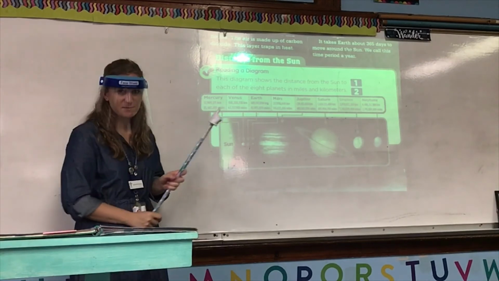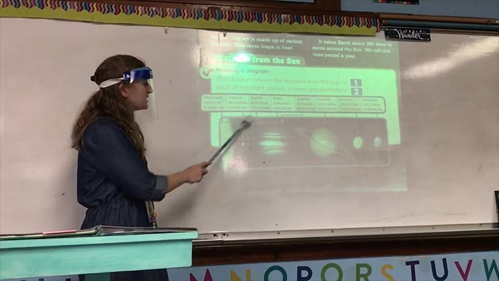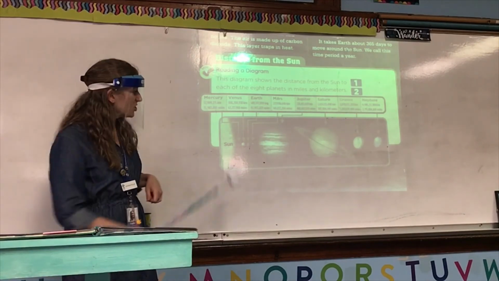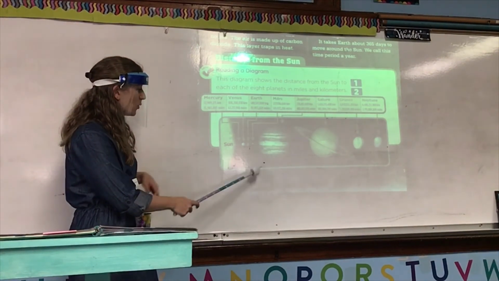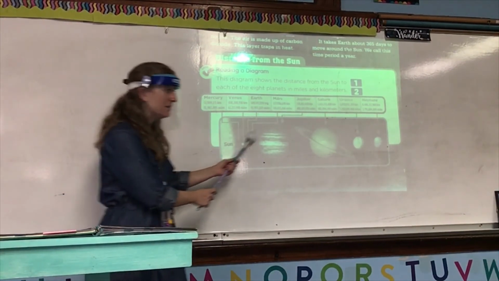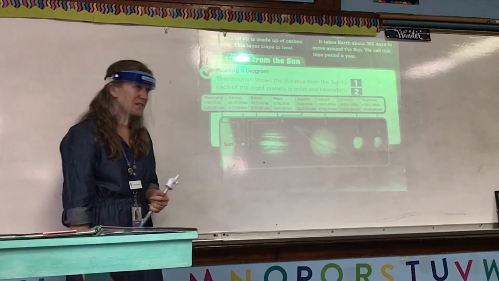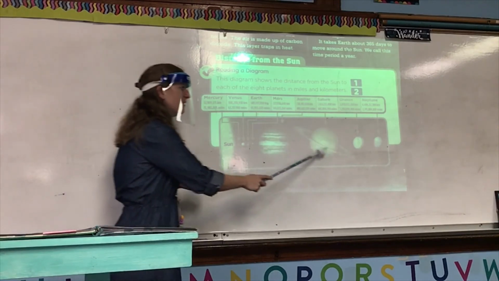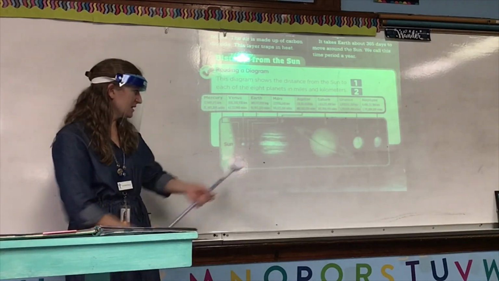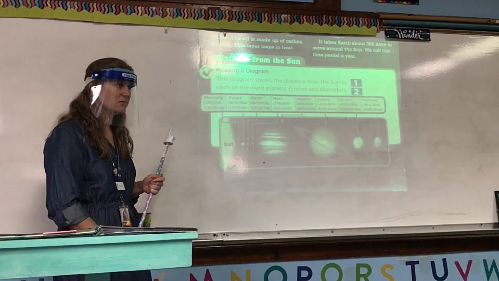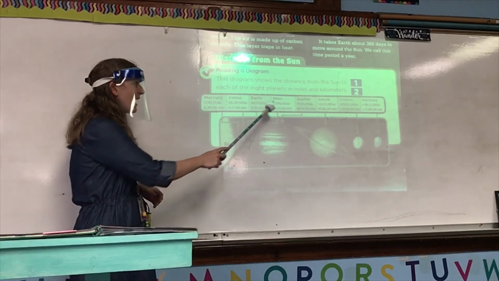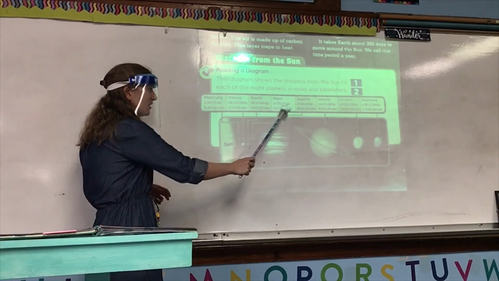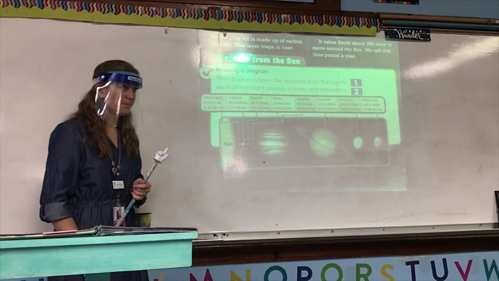So this diagram shows us a lot of things. It shows us the planets in order from closest to the sun to furthest from the sun. It shows us the sizes of the planets compared to others. It also shows us how far each of those planets is from the sun in kilometers and miles.